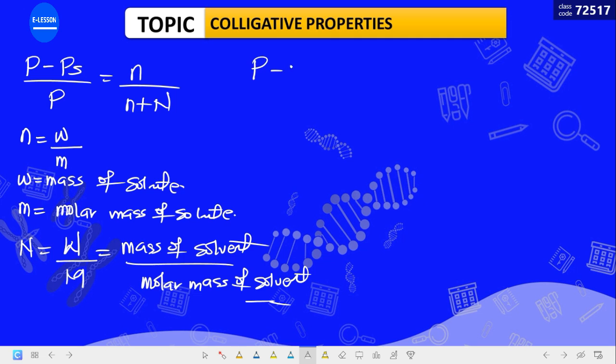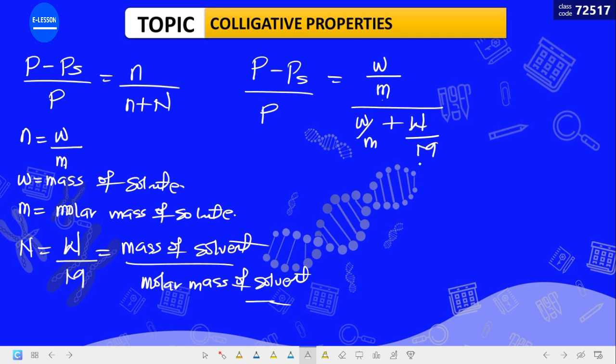Now, if we substitute each of these into this equation, what do you think we are going to have? We're going to have P minus Ps divided by P is equal to w all over m divided by, in place of n, put in the value of w all over m. So first of all, w all over m divided by w all over m plus capital W all over capital M. Now there are some cases where you'll be given that the concentration of the solute is so small.